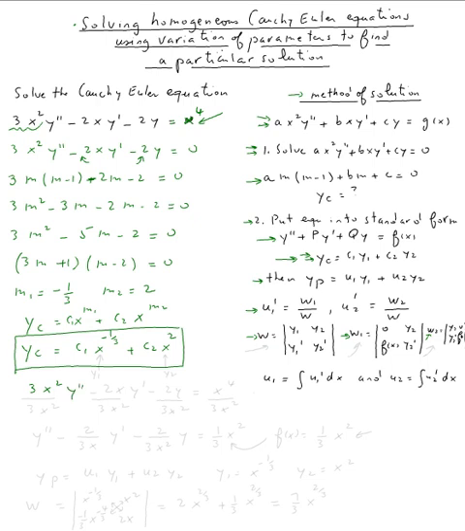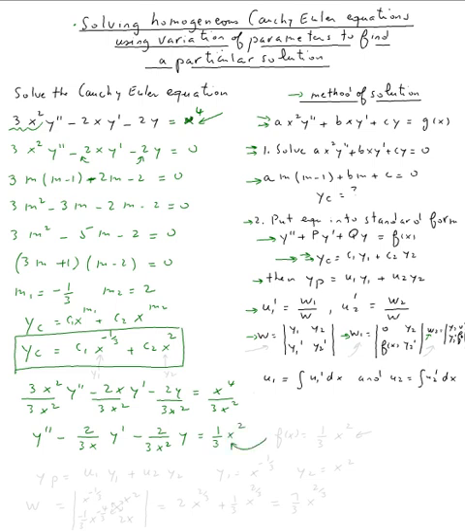If we do that, let me do it in two steps. 3x squared y double prime minus 2x y prime minus 2y equals x to the 4. We divide by 3x squared on each term. If we do that, we'll get y double prime minus 2 over 3x y prime minus 2 over 3x squared y, which is equal to 1 over 3 x squared.